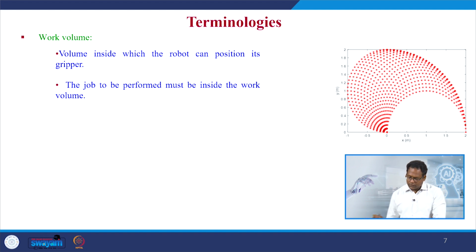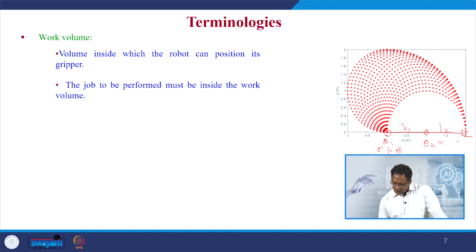For example, when we consider a 2 degrees of freedom robotic system where this is L1, this is L2. We have two joints here, joint 1 say theta 1, joint 2 say theta 2, and let us say that theta 1 varies from 0 degrees to 90 degrees, and theta 2 varies from 0 degrees to 180 degrees.